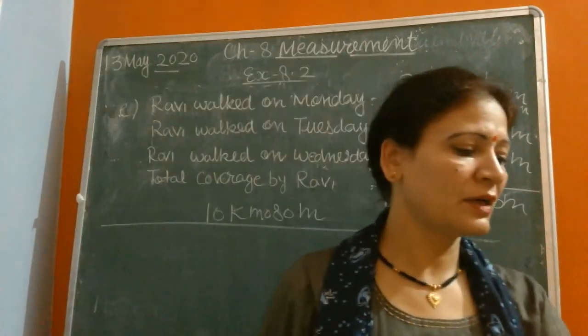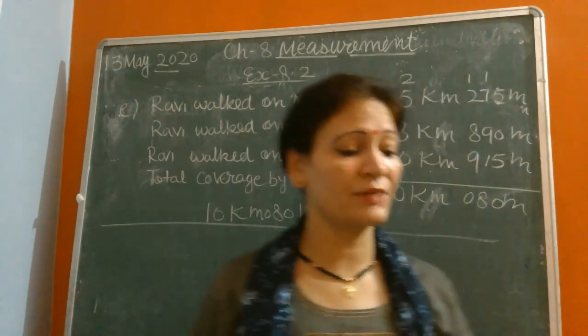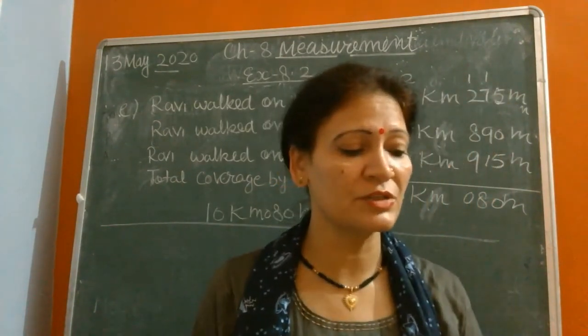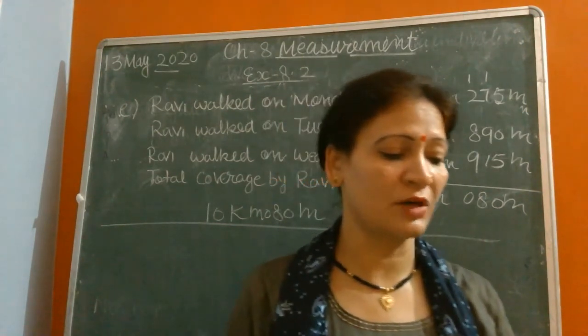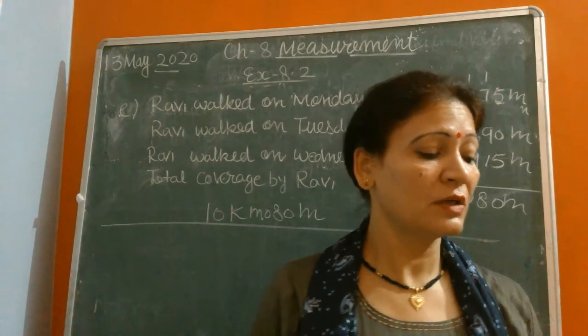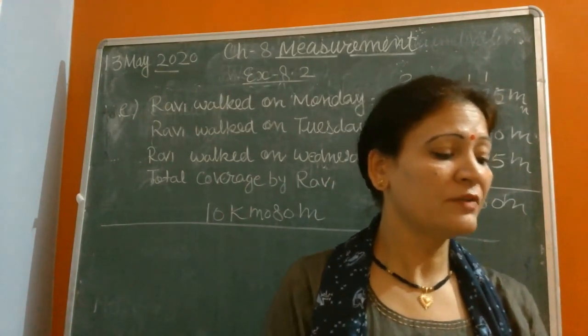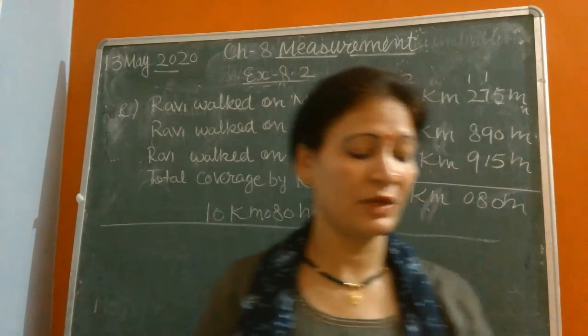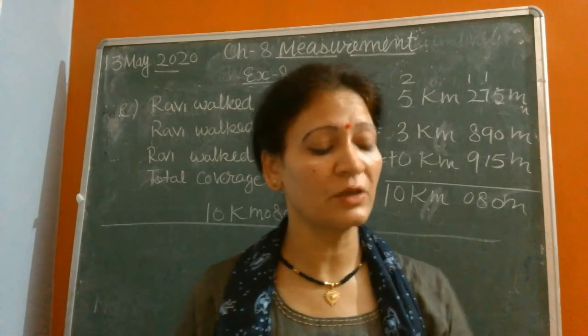Now part F. A tailor used 2 meter 25 centimeter of cloth for stitching a suit, 1 meter 75 centimeter for the shirt, and 45 centimeter for a hanky. What is the total length of the cloth used?